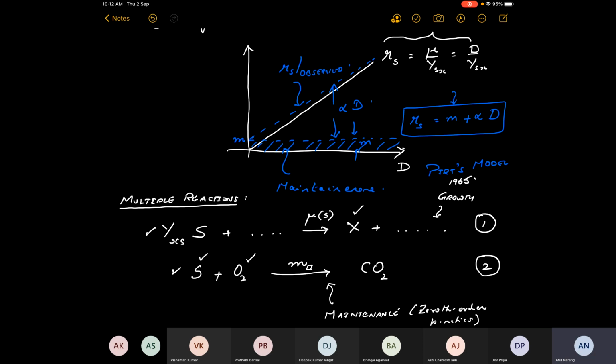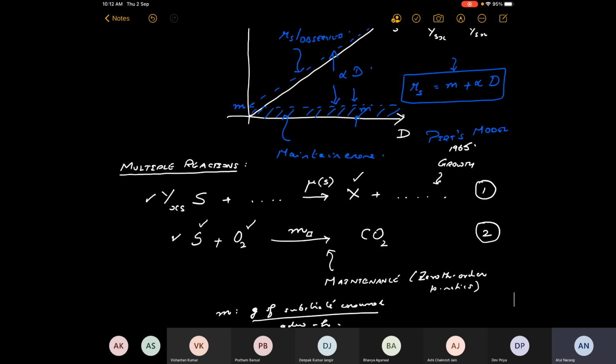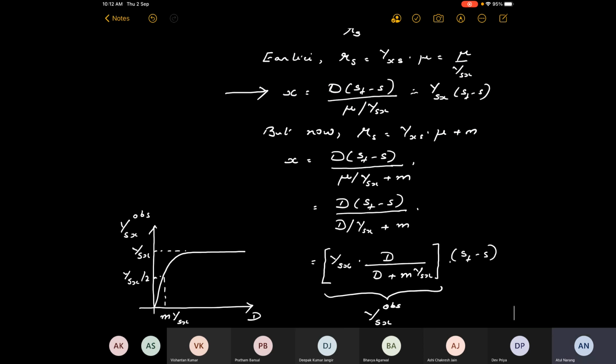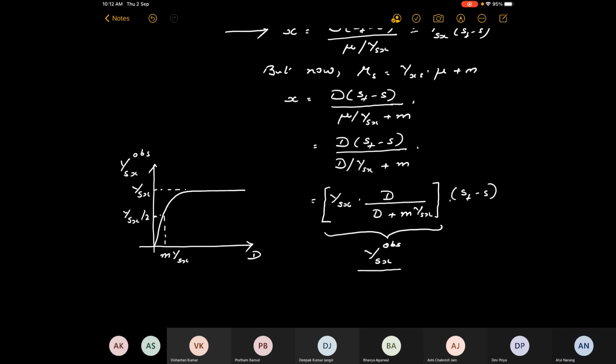So what you would expect is that at small d, the whole situation is dominated by the reaction which is not producing any biomass, and therefore you should not see x having significant values. And that's exactly what this is showing you here: when d goes to 0, x goes to 0.